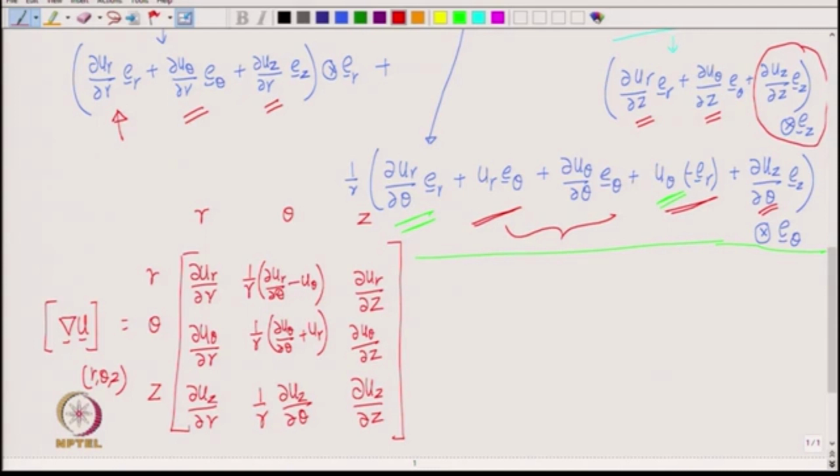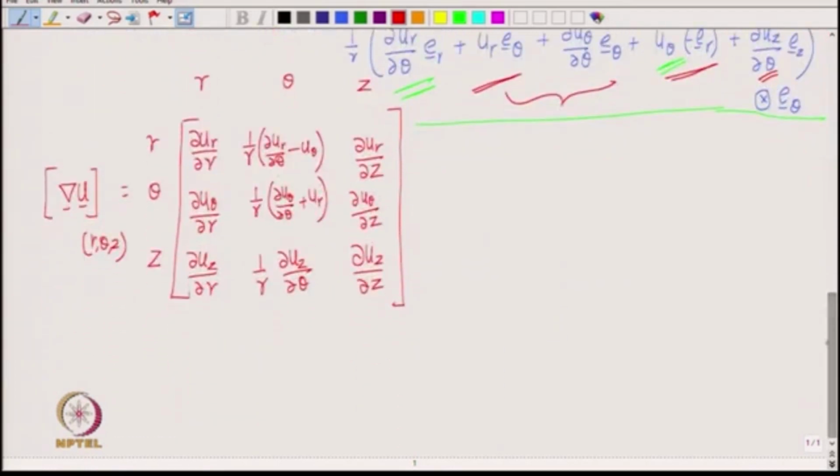and the strain matrix we know is half of grad u plus grad u transpose, right. So, the strain matrix would then be, so this implies the strain matrix in r theta z coordinate system.